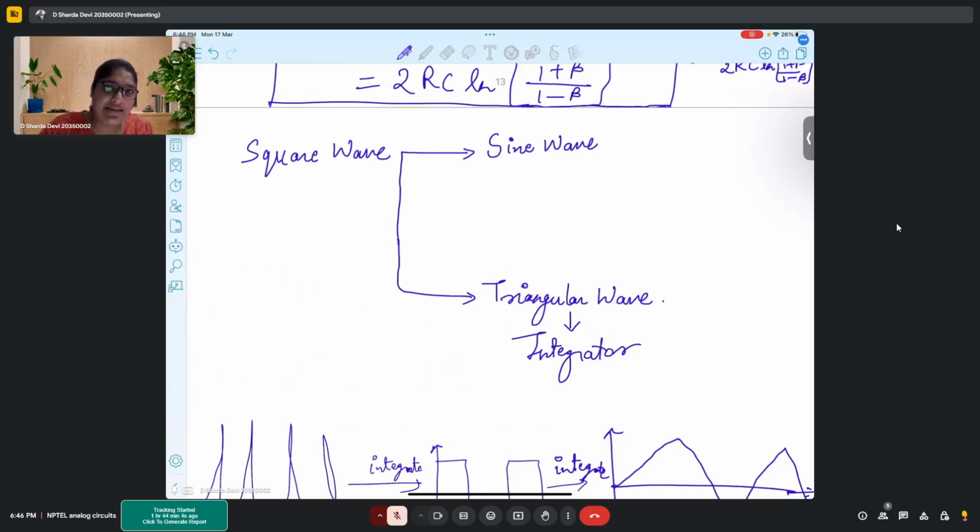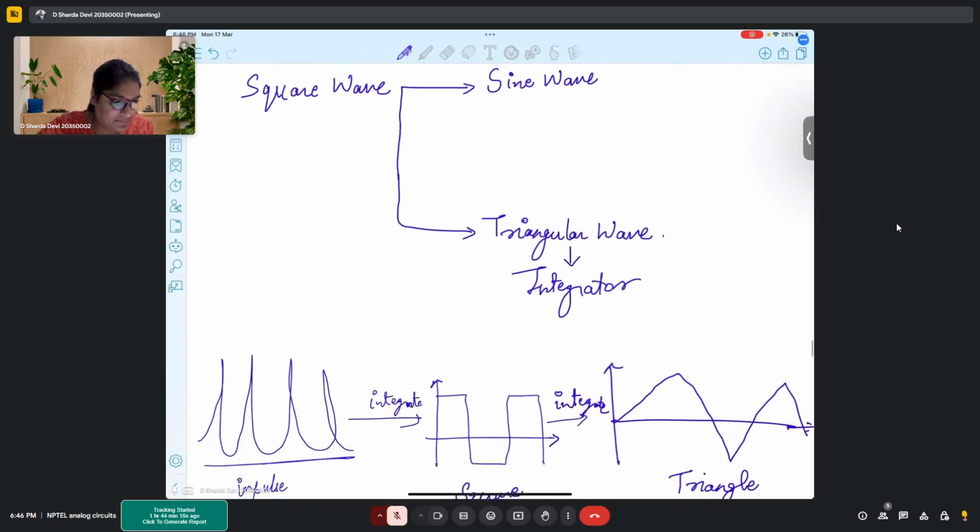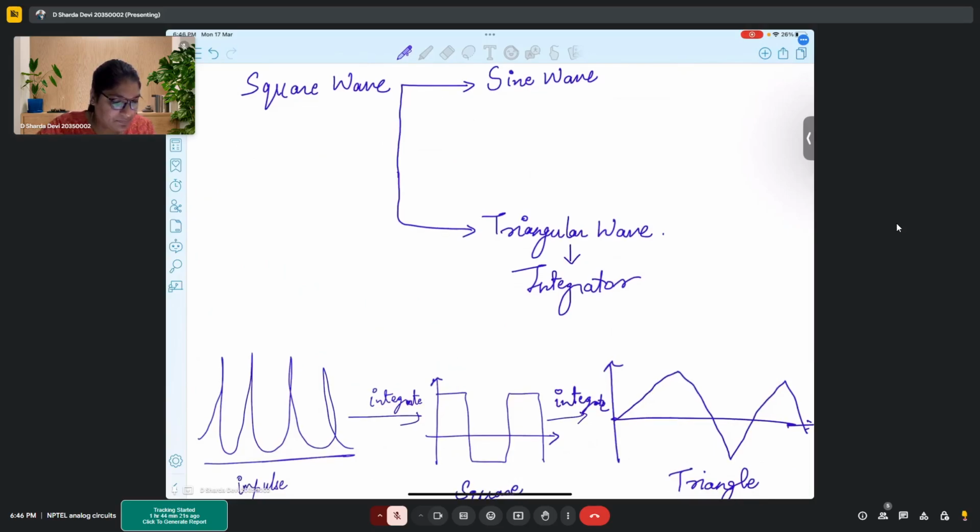Schmitt trigger is one, I agree. What else can be done? Madam, comparator.